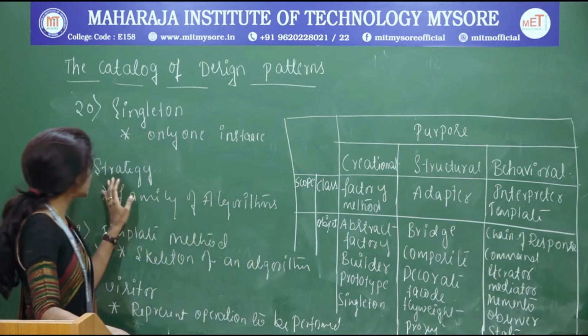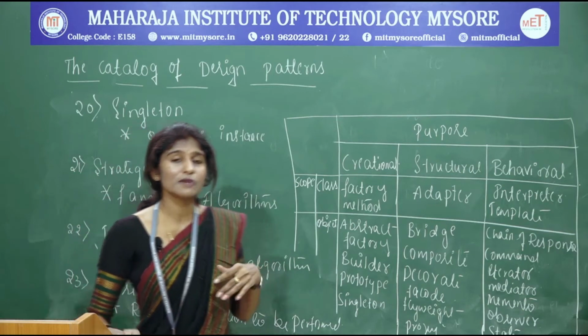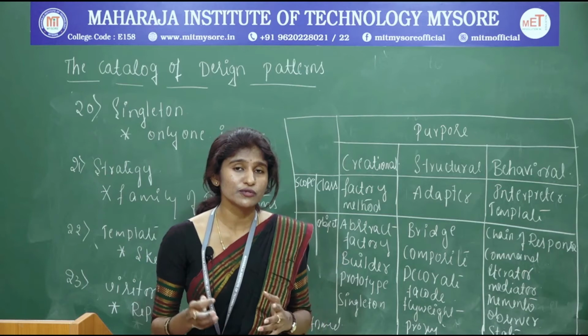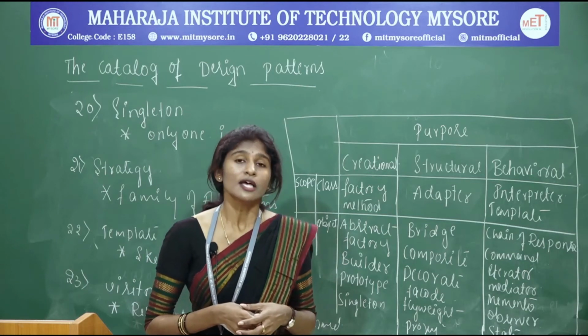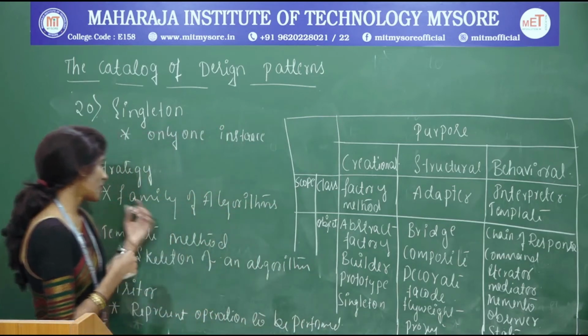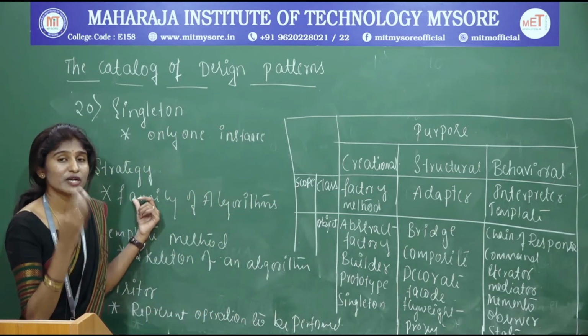Okay. And then coming to the strategy, which contains a group of algorithms, a huge number of algorithms that you use in order to implement the design patterns. Using this group, it provides the complete algorithm required by you.